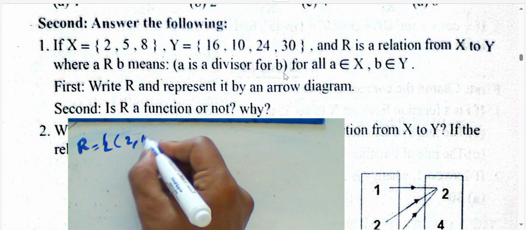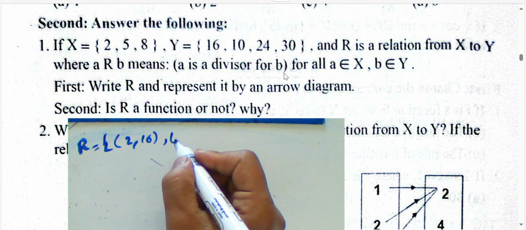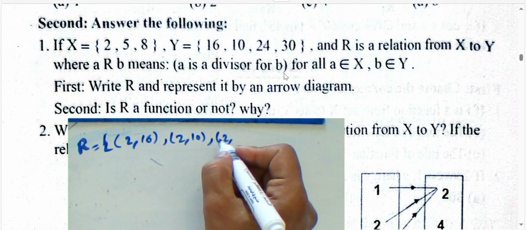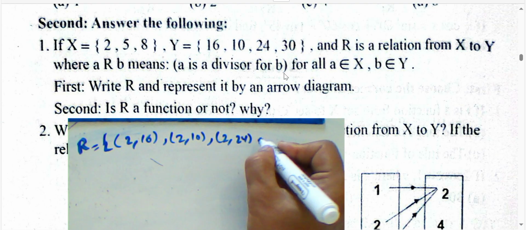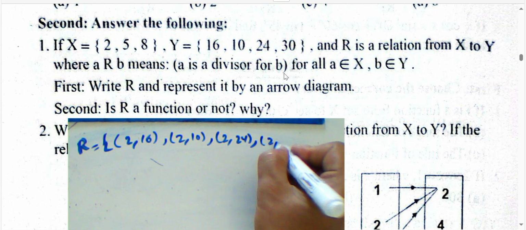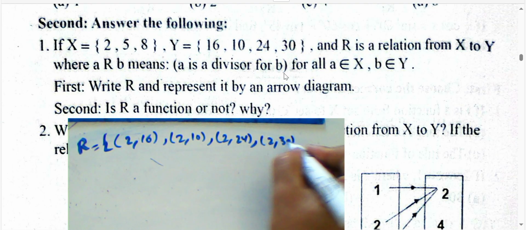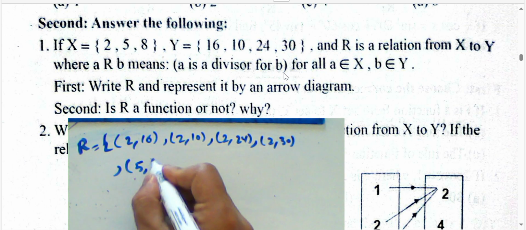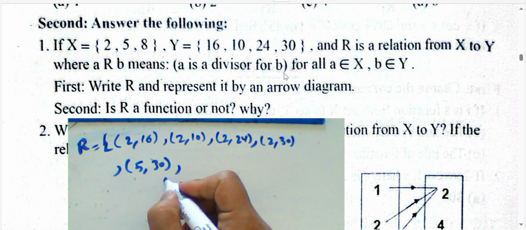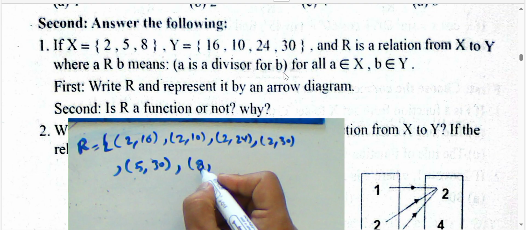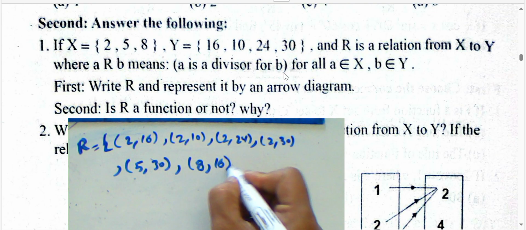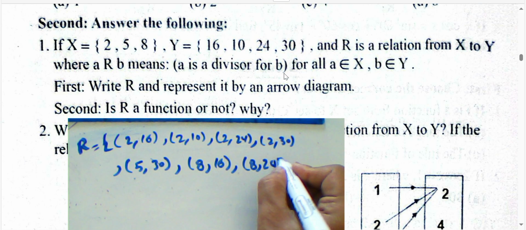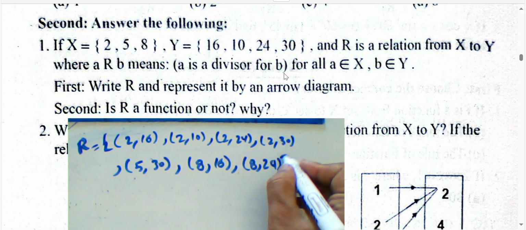Like 2 and 16, 16 can be divided by 2, and also 10. 10 can be divided by 2, and also 2 and 24, and also 2 and 30. We have 5 and 30, 30 can be divided by 5, and 8 here. 16 can be divided by 8, and 24 can be divided by 8.